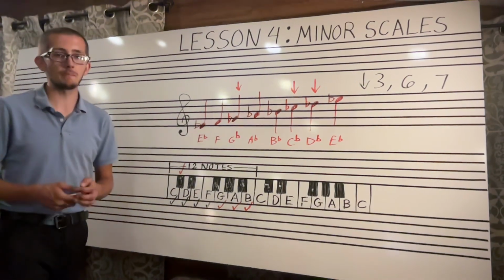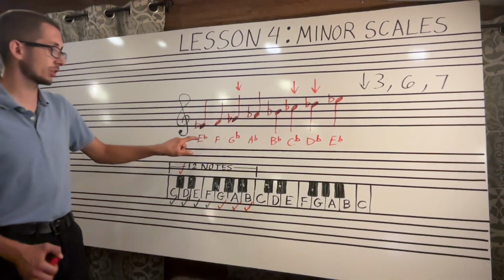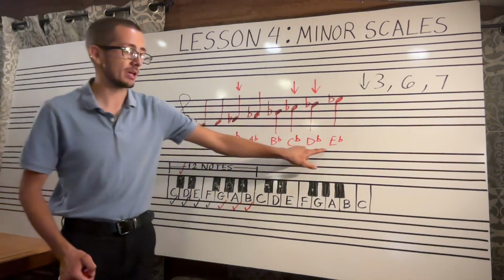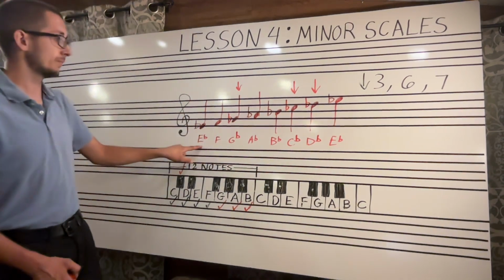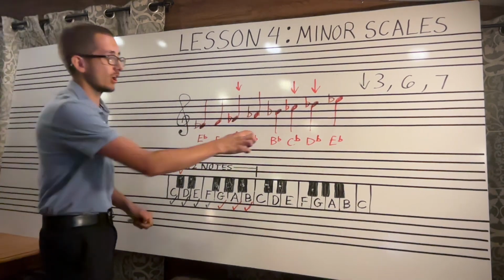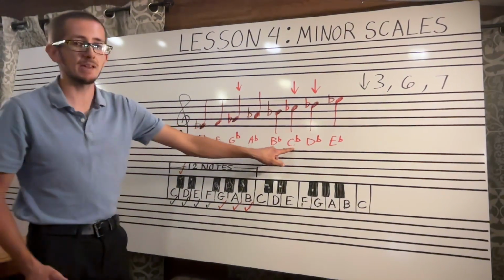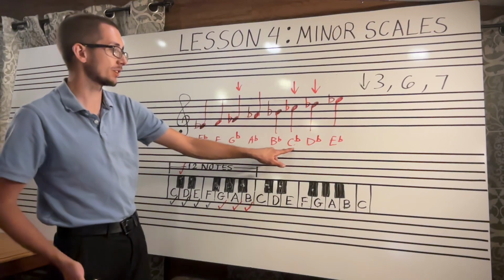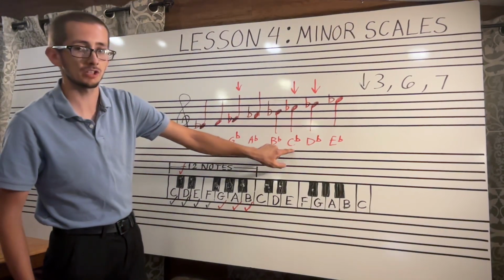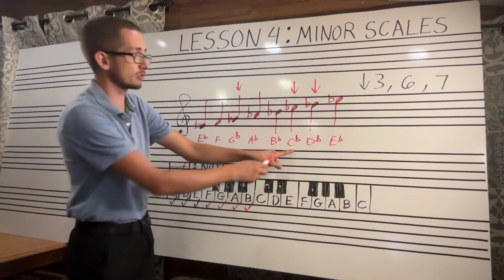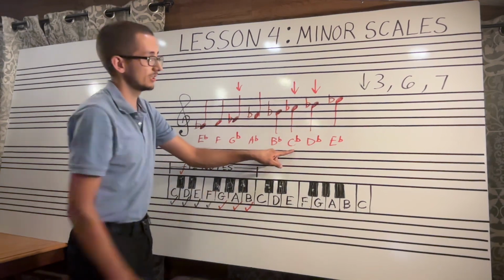Now just like with our major scales, we want to include every letter name in our scale. So you don't want to have a B flat followed by a B natural, because C flat and B natural are enharmonic equivalents, but you wouldn't want to write this pitch as a B natural because then you'd be skipping over C in the alphabet.